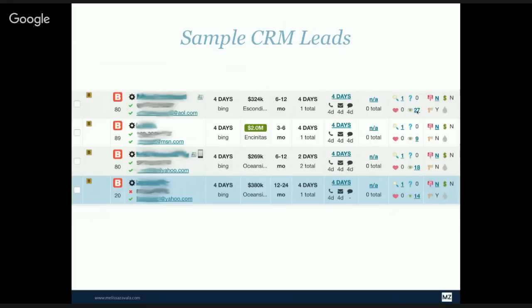I didn't create a screenshot of this, but if I were to click on this 27, it would show me all the properties that this lead looked at, so that when I contact him or her, I can say, hey, I see that you're looking for two-story homes in Escondido, or I can be very specific, like, I saw you looked at some beautiful two-story homes in Escondido, whatever it is. And then whether they're a first-time home buyer, this is helpful, and whether they have a house to sell. And none of these have to say that they have a house to sell.